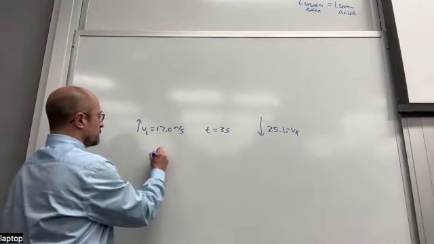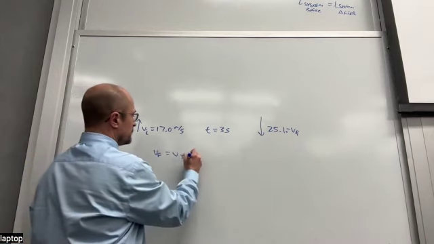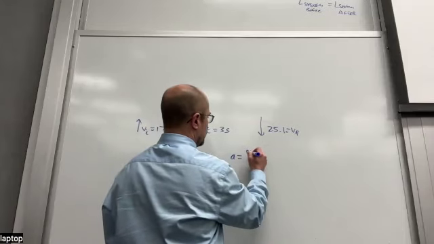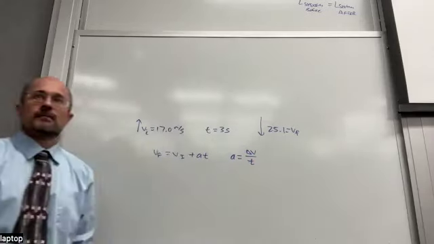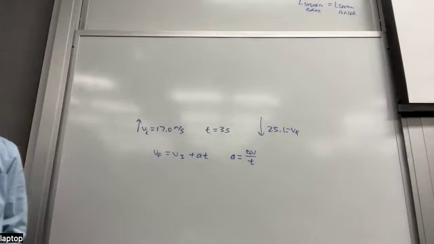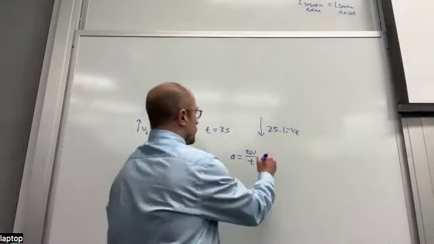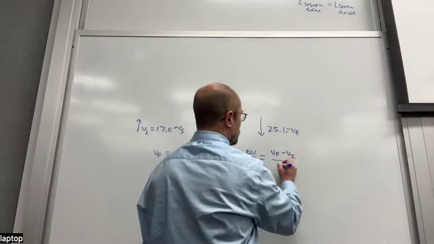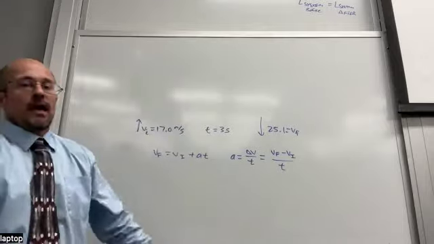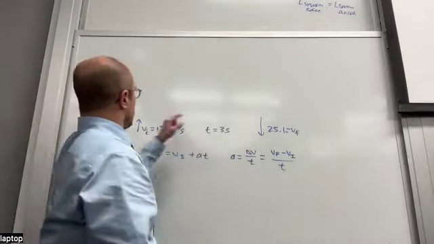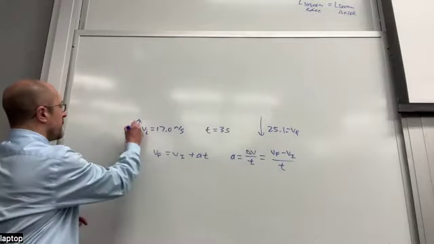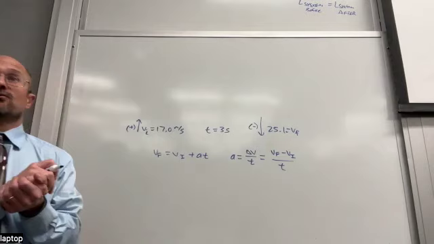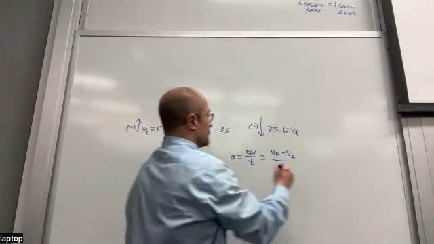We remember that velocity final is velocity initial plus AT, or you could say that A is delta V over T. Either one will get you to the answer. What we have to remember is this is V final minus V initial over T. If we count this way as positive, then this one has to be negative because the direction has changed, because these are vectors.